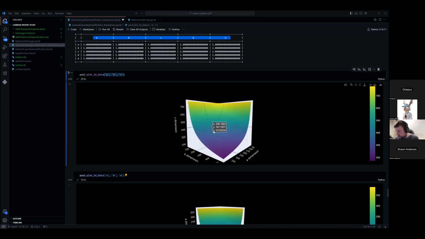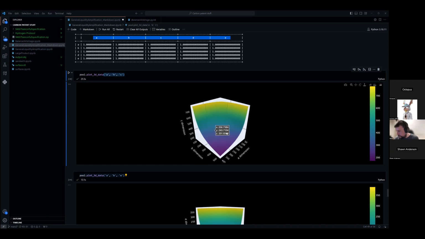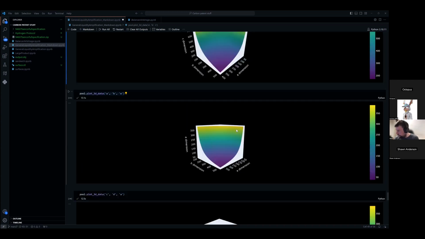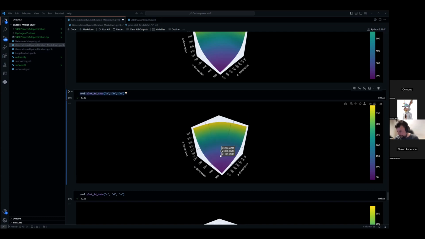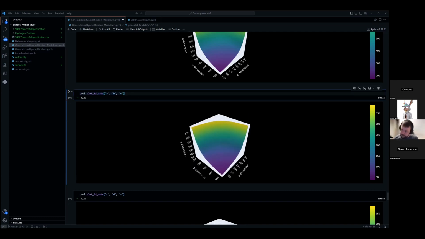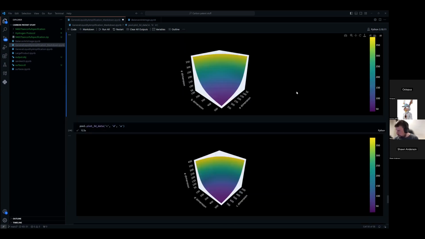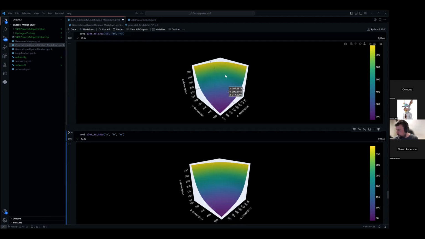So you can see here, this is in dimensions A, B, and C. But then it looks the same because it's always scaling it to a cube, but this is now dimensions A, B, and E. And the thing to realize, I hope, that will make it a little easier to understand, is that even though the A and B dimensions are exactly the same, the C dimension in the top one is going off the scale at around 700, whereas in E, it's already going off the scale at half that value.